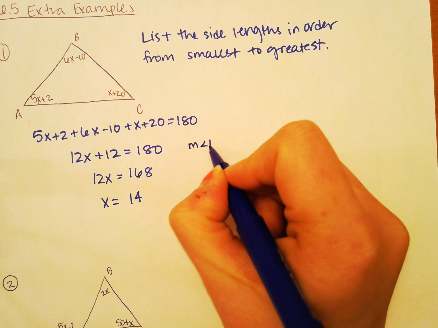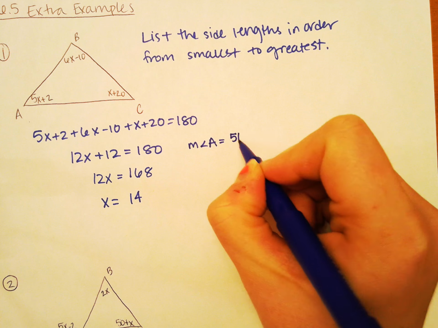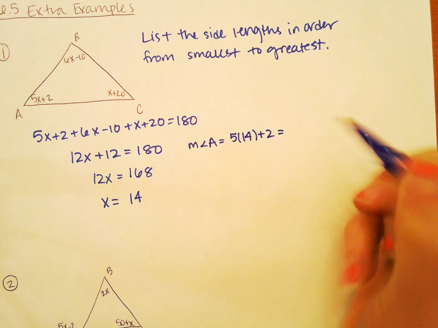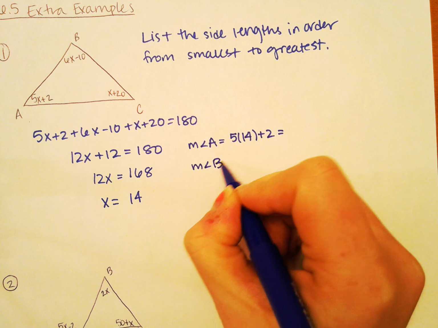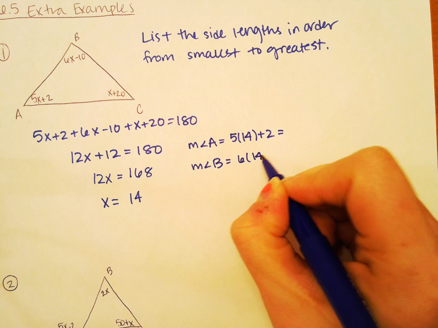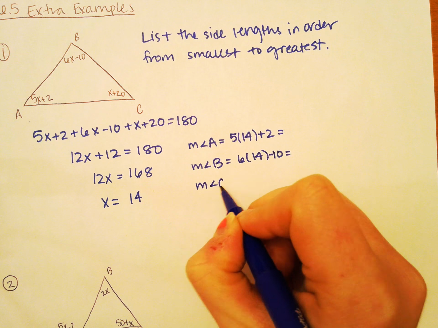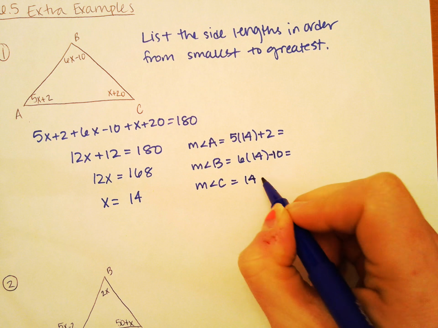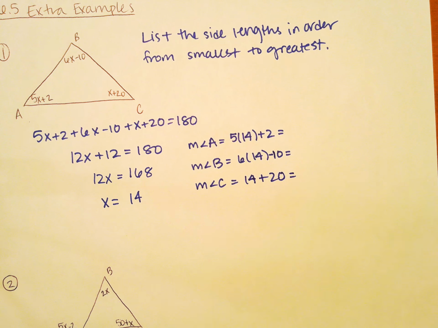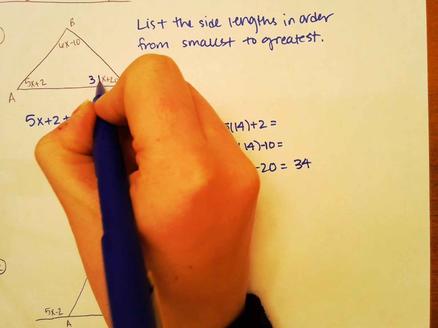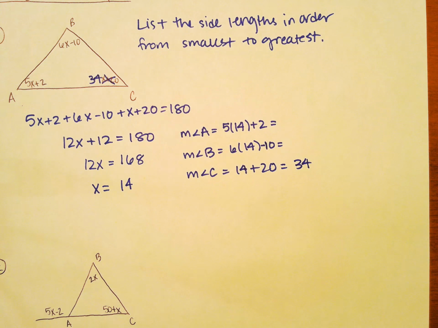I can solve for the measurement of angle A by replacing x with 14. I can solve for the measurement of angle B by replacing x with 14 again. And I can solve for the measurement of angle C by doing the same thing, 14 plus 20. So this one I'll get 34. I'll solve for my other ones.